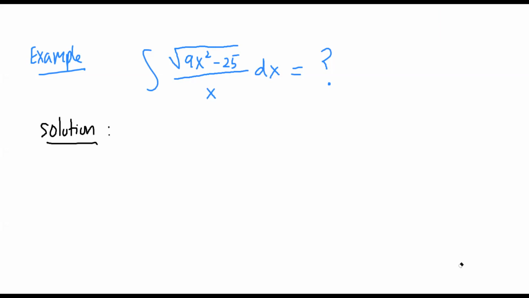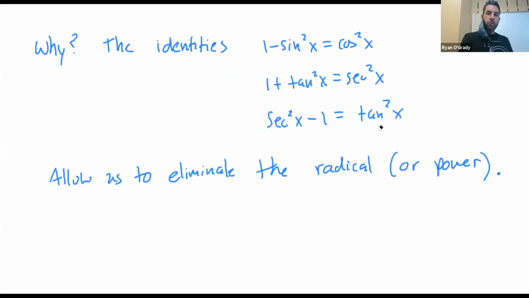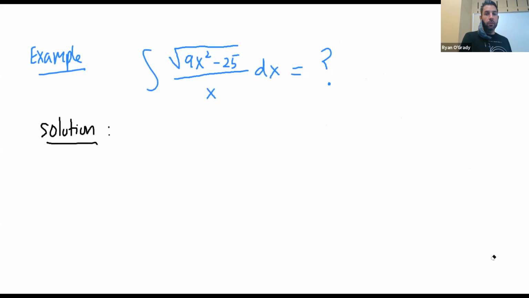My experience tells me that this third identity is going to get the job done. Your experience probably doesn't say that, and so you might have to try one, or a couple of these before you get it. It's not maybe going to be obvious to you. But my experience tells me that I want to do something times the secant.